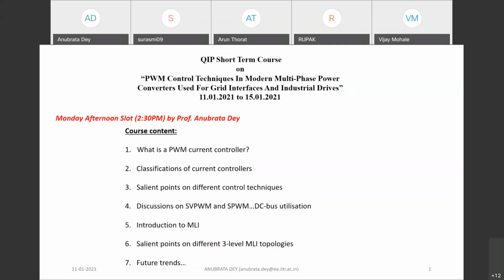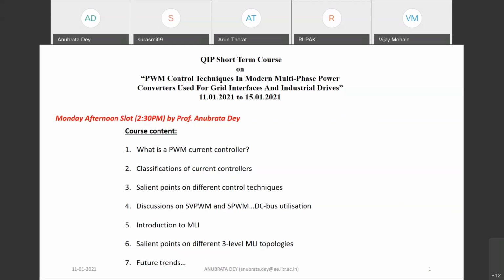So these are the contents for today's lecture. The content is distributed like this. So what is a PWM current controller? First I will be talking about current controllers and PWM current controllers, where you will be dealing with some switching technique, and that switching technique is considered to be high switching, not switching at very low frequency.